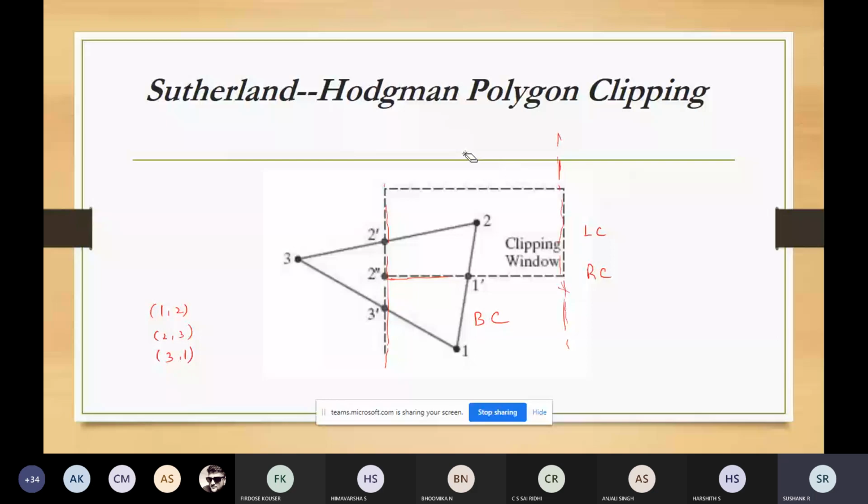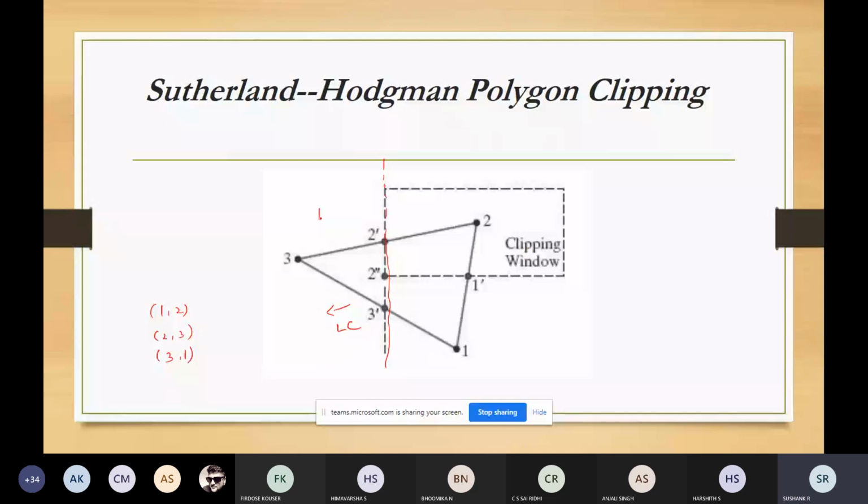We have three edges: 1 2, 2 3, 3 1. When I talk about the left clipper, this is the area which belongs to left clipper. Edge 1 2 is not in the region of left clipper, meaning it is inside the clipping window.